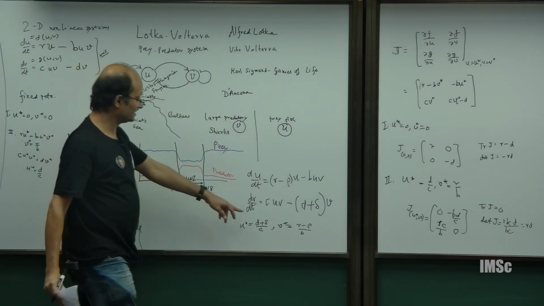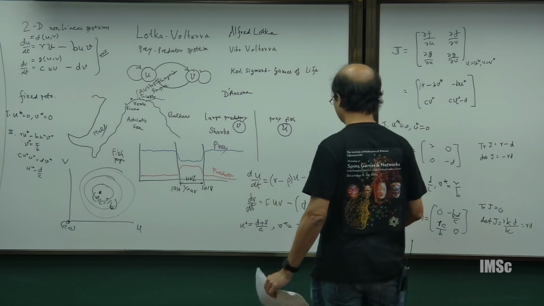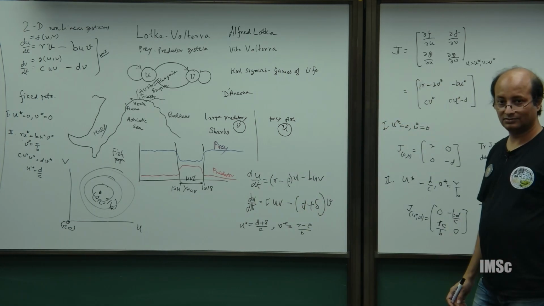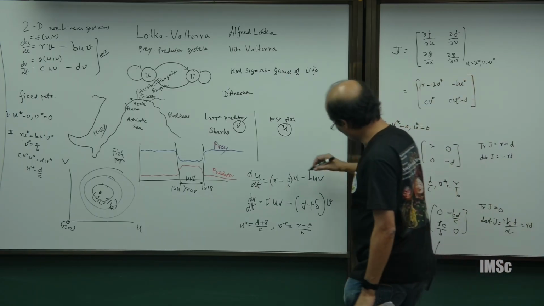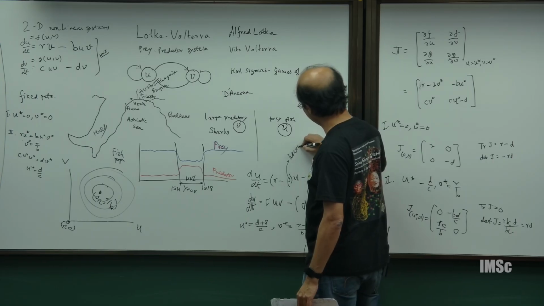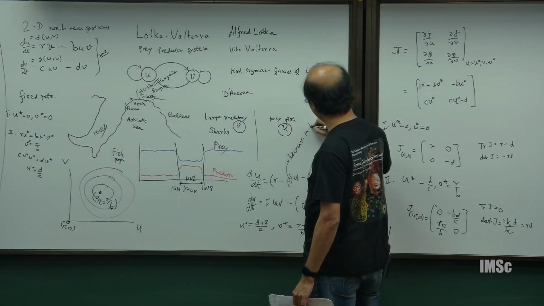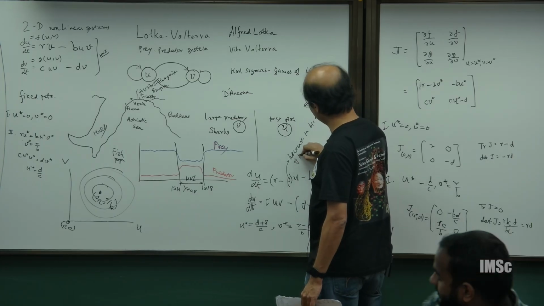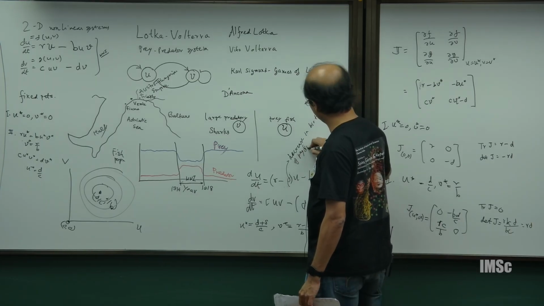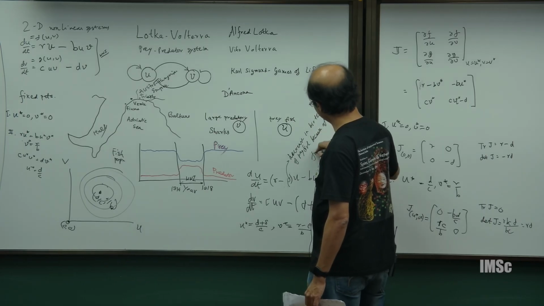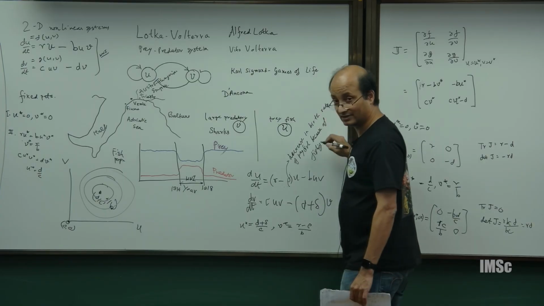So, now what you see is, sorry, what was rho? Rho is the additional decrease in birth rate of prey fish because of fishing. Okay.